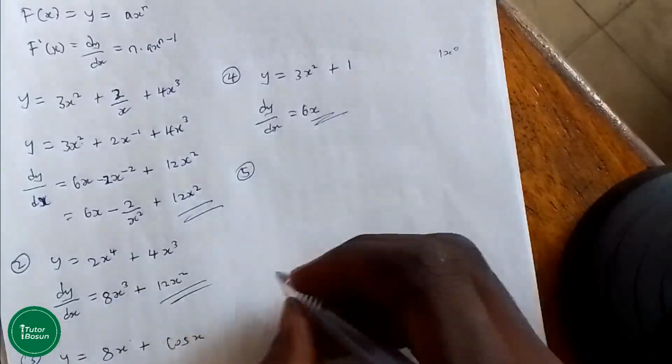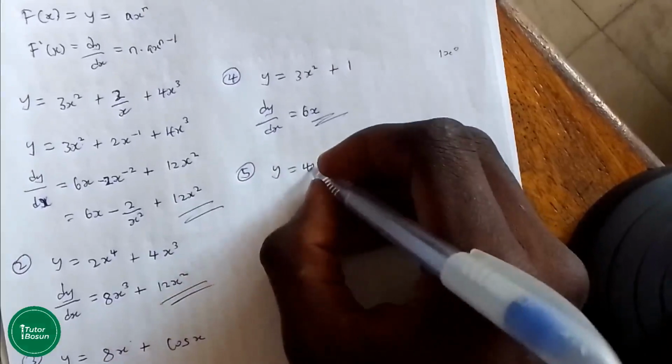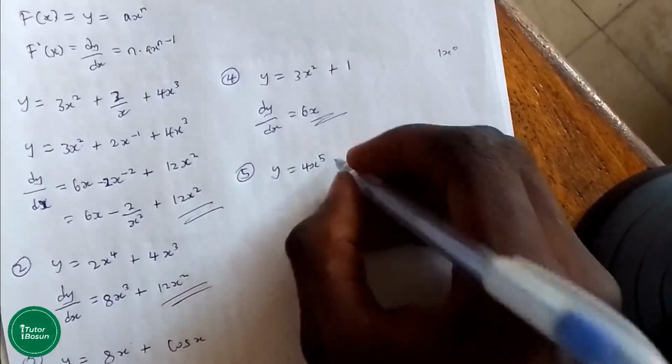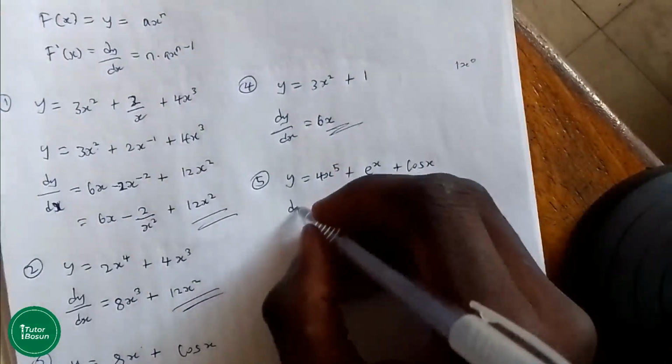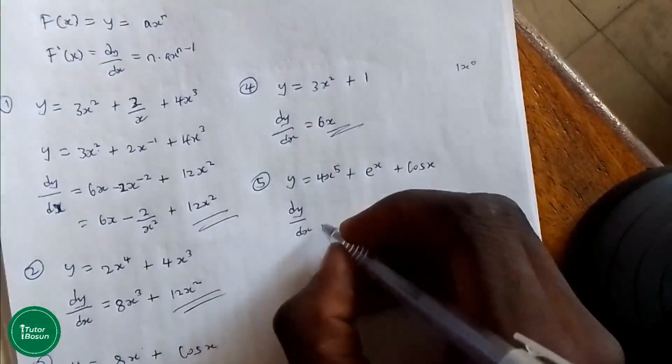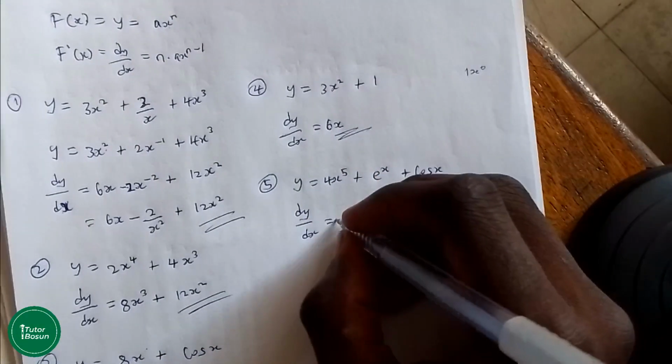Let's solve one more. Let's say we have y equal to 4x raised to power 5 plus exponential x plus cos x. Then dy dx will be giving us 5 multiplied by 4, and that's 20.